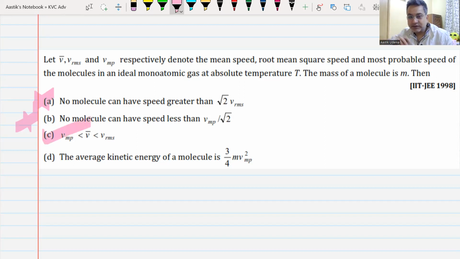Correct. I've given this to you so many times. The average kinetic energy of a molecule, that is average kinetic energy per molecule, kT by n is half m into VRMS square.